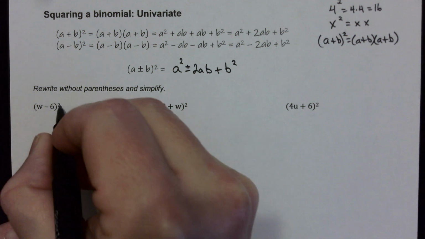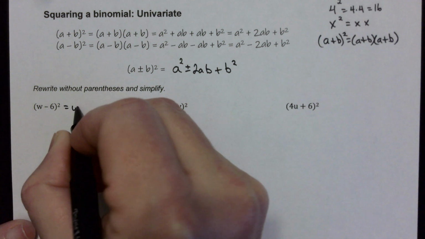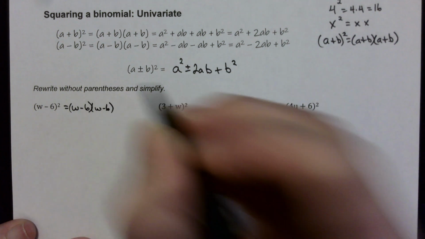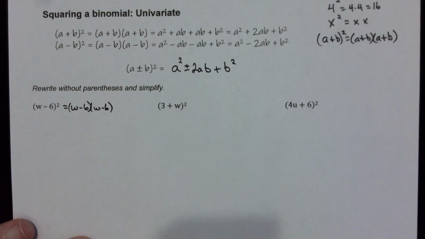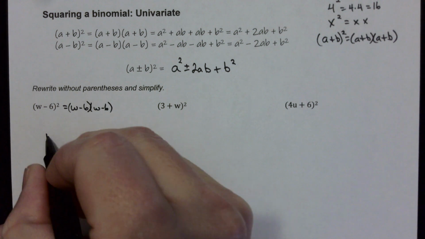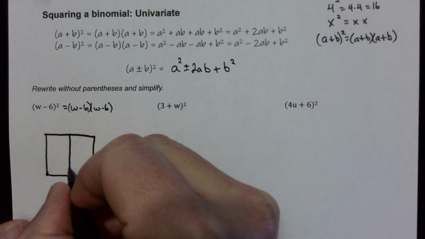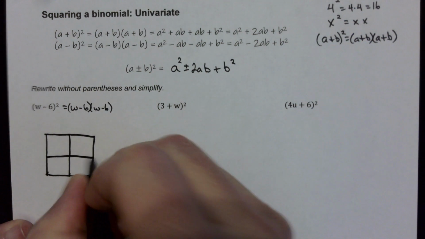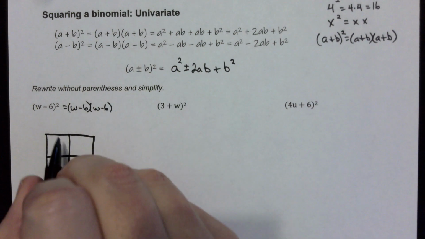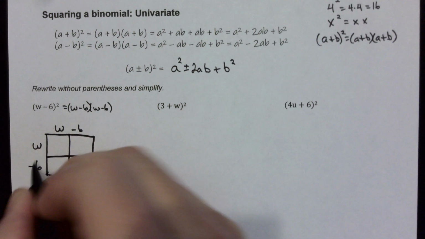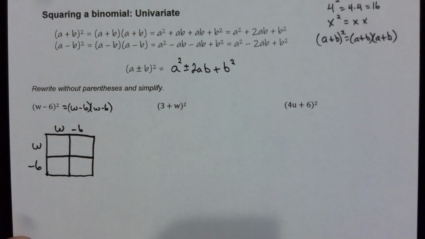If you do this the long way without the formula, first let's recall that it's w minus 6 times w minus 6, so we're writing it twice. I'm going to use a box, and I'm going to write both of these, w minus 6 and w minus 6, and then fill up the boxes.